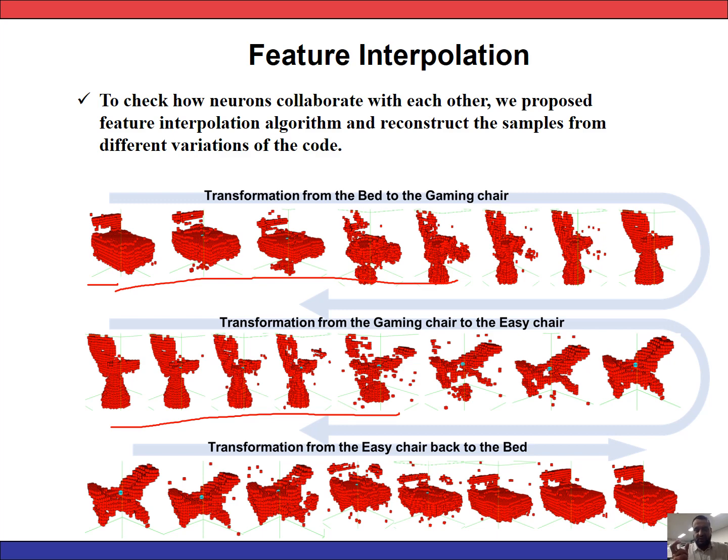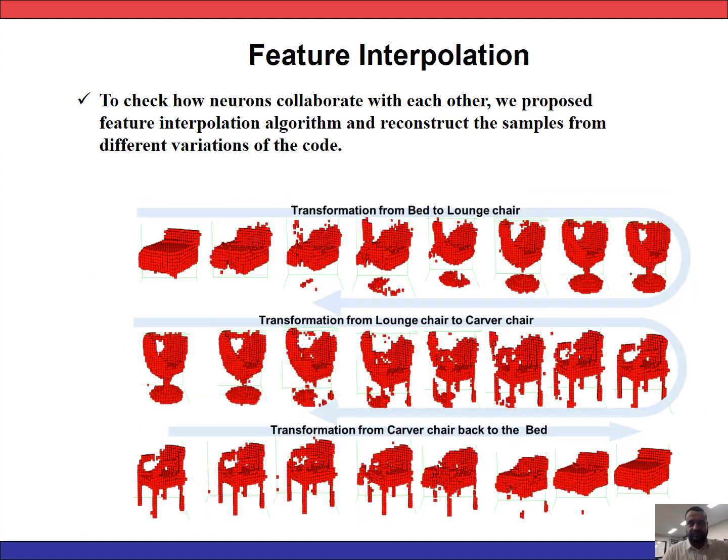We selected three different clusters and moved from one cluster to another by varying the feature with some alpha values, and then saw how it transforms from one object to another. This is the way of interpolation using this approach.